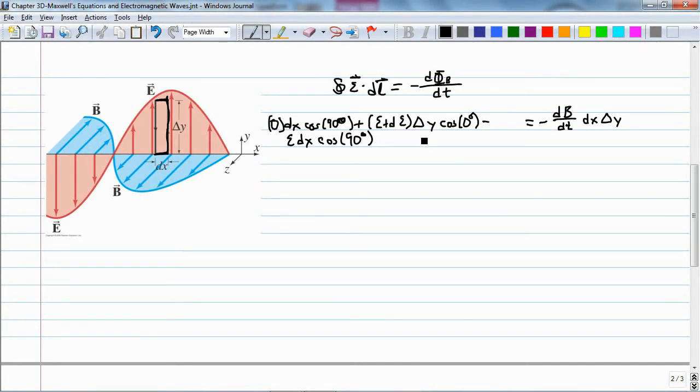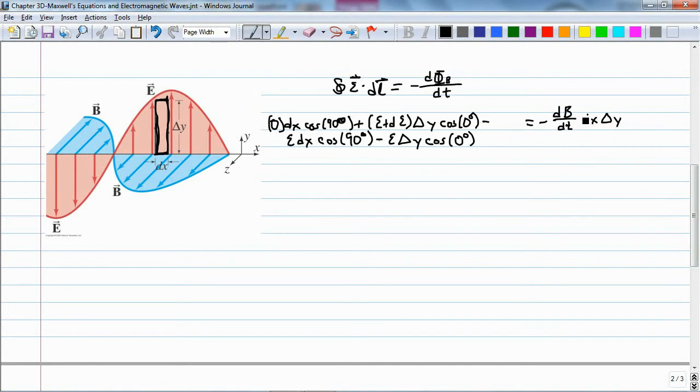And then we're going to have this back section, and that's going to be minus E delta y and a cosine of, no, I'm sorry, 0 degrees.